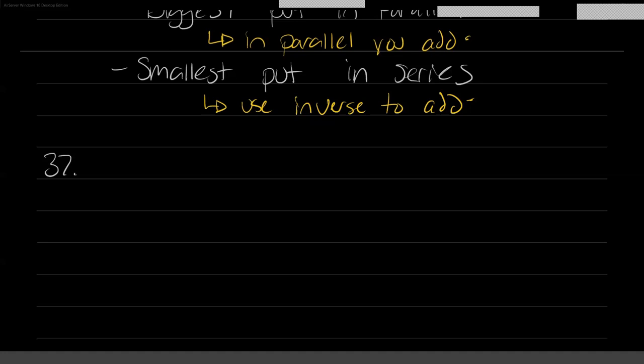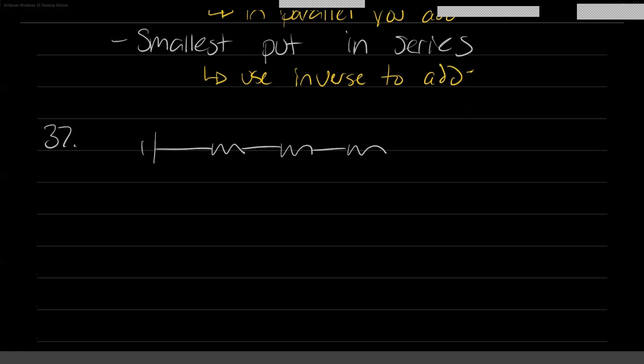I think she kind of talked about this. So the first one, you could have them all in series. That would give you 1 value. The next one, maybe you could have 2 in parallel going to 1 in series.